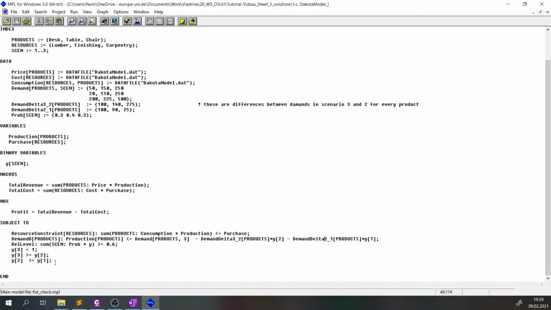And then we have this constraint for reliability level, and then the constraints for y, which in our formulation we named as z.